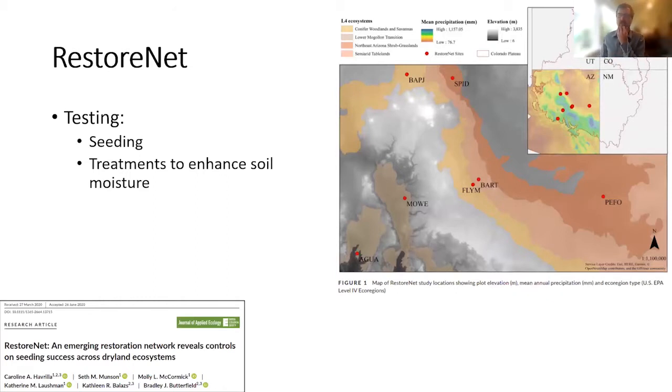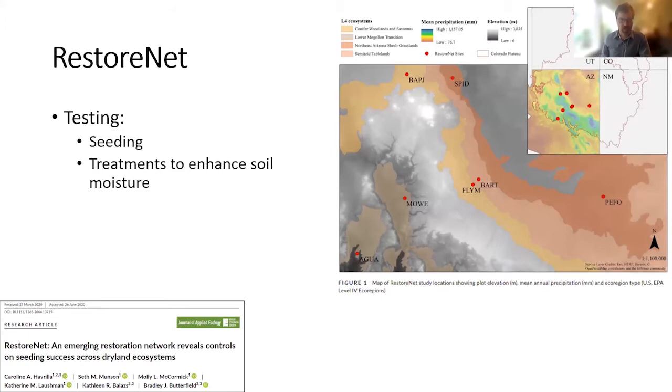And then the last one here that I want to show is called RestoreNet. This is a group out of Arizona, and they're looking at desert grasslands and ways to restore these grasslands, both by seeding and by trying to improve soil moisture in the plots themselves.